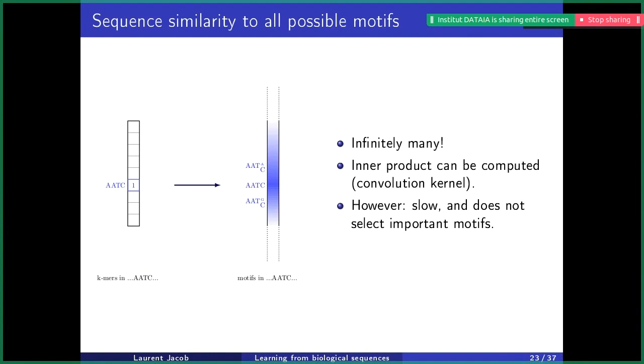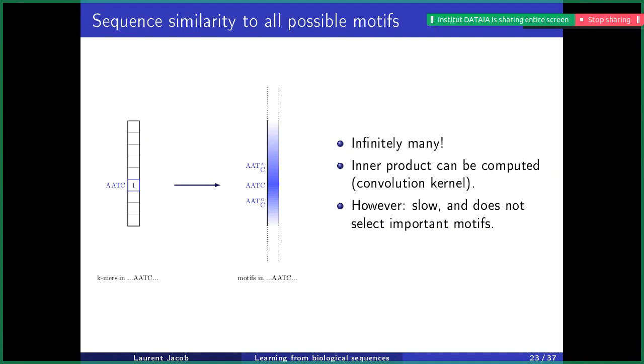If I have AATC in my genome, I will have a high value at the AATC level of the function, and then maybe smaller values on similar motifs. You cannot represent it, but you can compute the inner product in this representation. There is a way, without representing the full infinite vector, to compute the inner product implicitly between two such vectors.